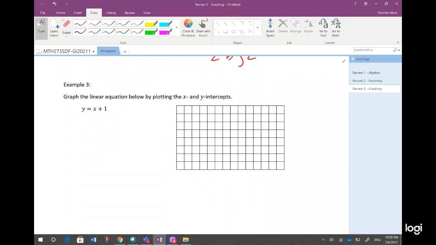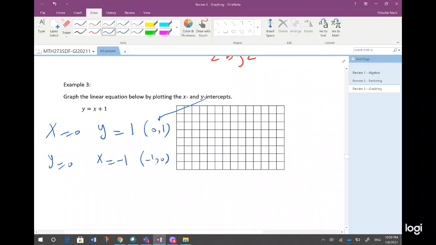This method says you have to find the x-intercept and the y-intercept, and then just connect them. So x equals 0, y is 1, so (0, 1) is the y-intercept. y equals 0, x is minus 1, so (-1, 0). I have to find these 2 points.